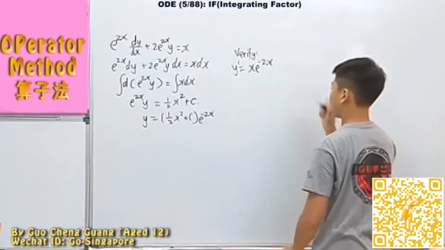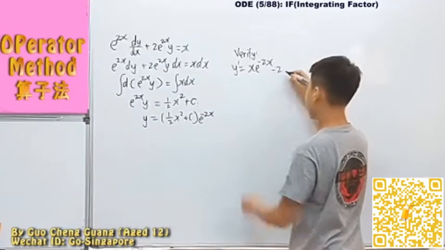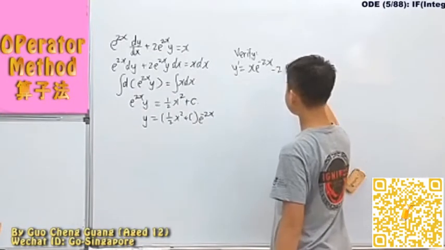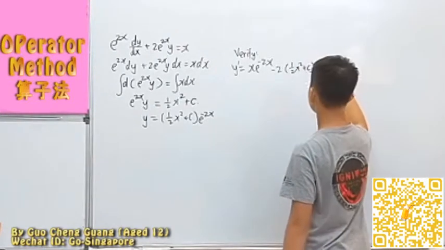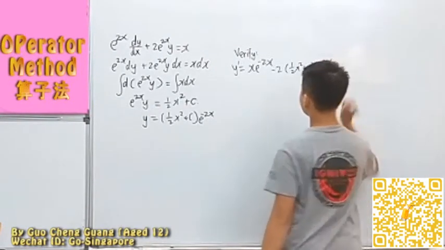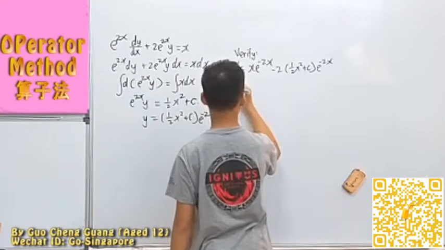For the other part behind, differentiate, you get extra 2, and this negative. So this is the part that you get. After that you just have to sort them all inside again.